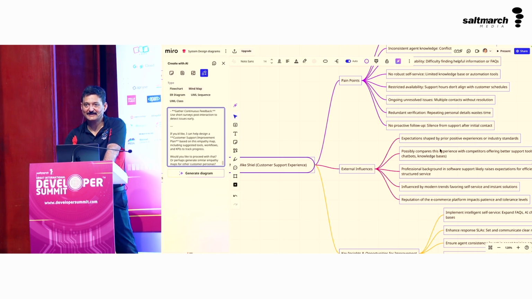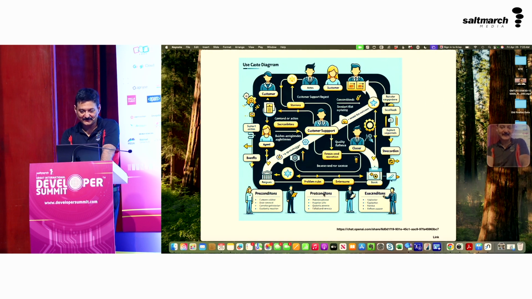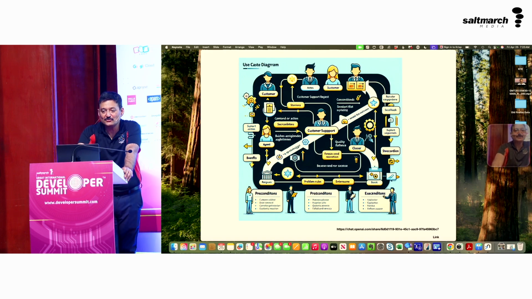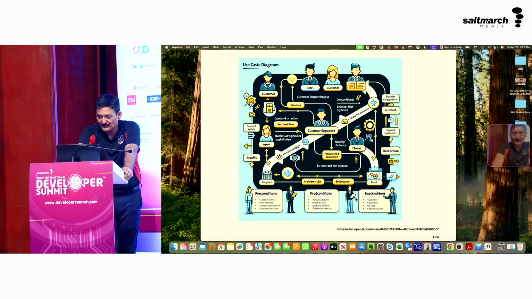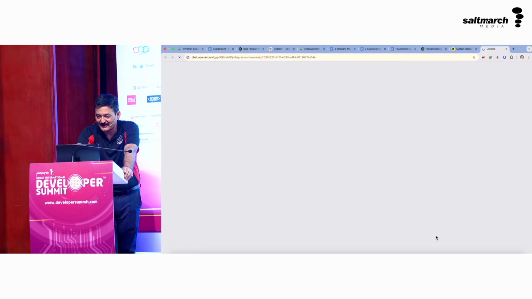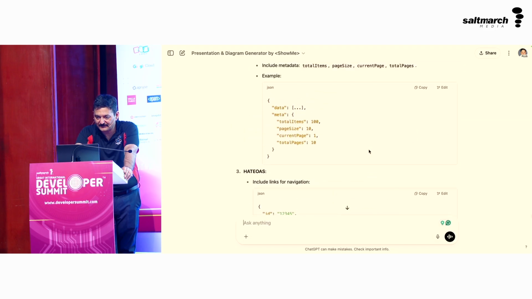Yes? Does that make sense? Yeah. So that is one more benefit you get out of working on these diagrams. Now, once you did that, now you need to create a use case. Why do we create a use case diagram? We create the use case diagram. Let me try to open it up and then we can discuss this.